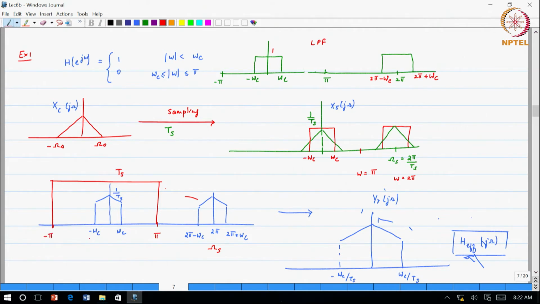So, basically any portion of the signal that is outside of omega c gets removed by the digital low pass filter. Okay.